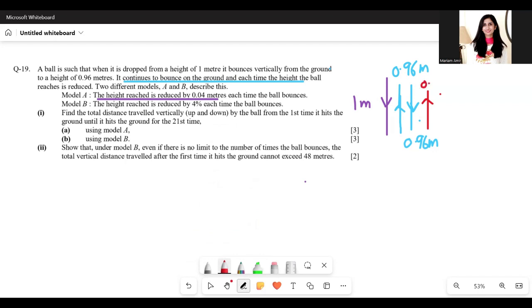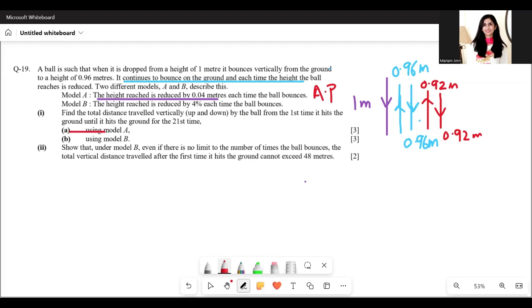It's going to cover an upward distance of 0.92 meters and a downward distance of 0.92 meters, and so on. This would be an AP. So for part 1, they're asking us to use model A. 1A is an AP.